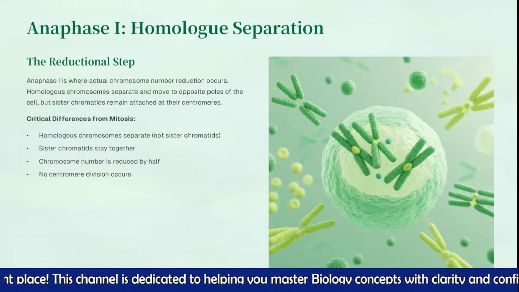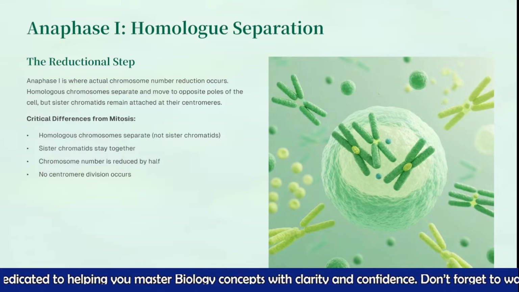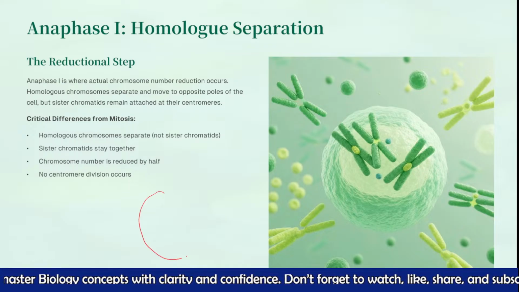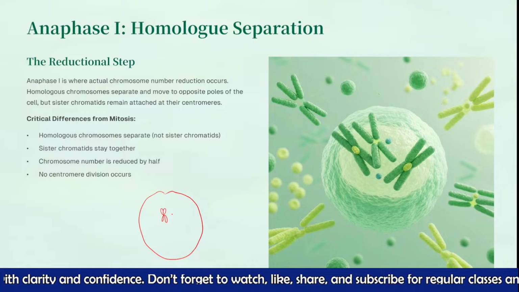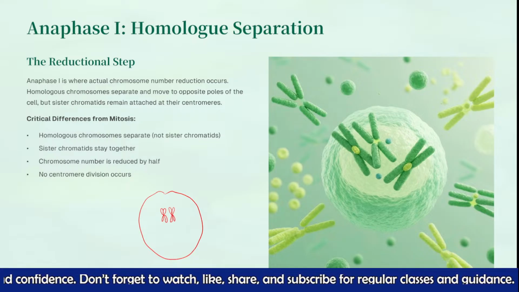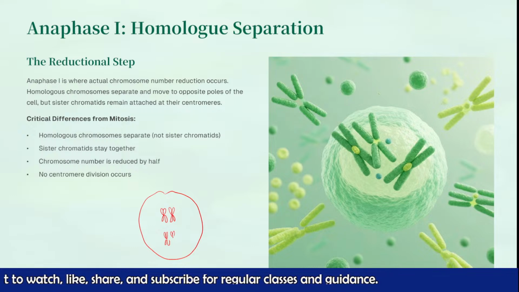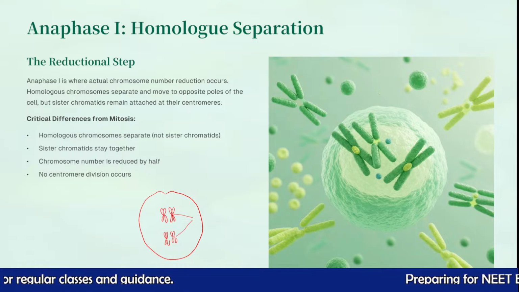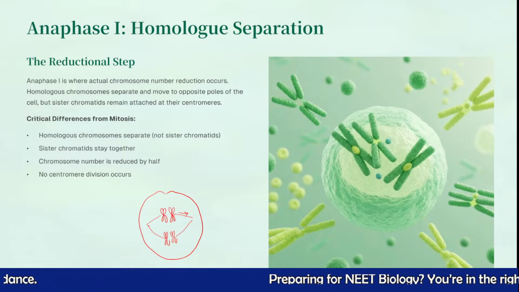Then in anaphase 1, the homologous chromosomes are there. Suppose this is one chromosome and this is the other chromosome of the first homologous pair, then the next pair. In the anaphase stage, what happens? The spindle fibers attach here and pull towards the pole.